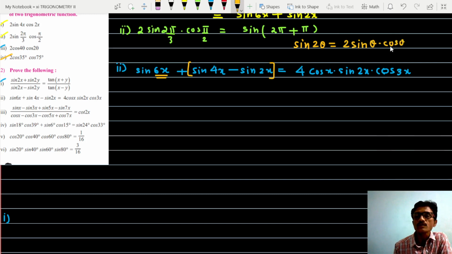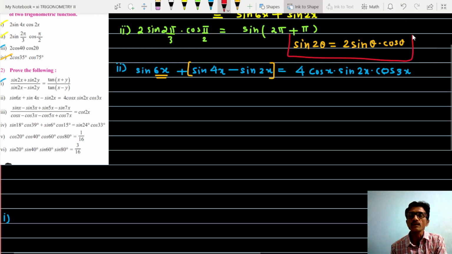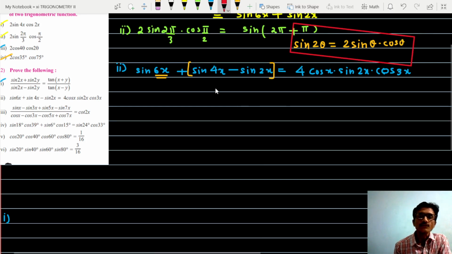So we use this formula, sine 2 theta is equal to 2 sine theta into cos theta. And for this we will apply formula sin c minus sin d, that is 2 cos c plus d upon 2 into sin c minus d upon 2.